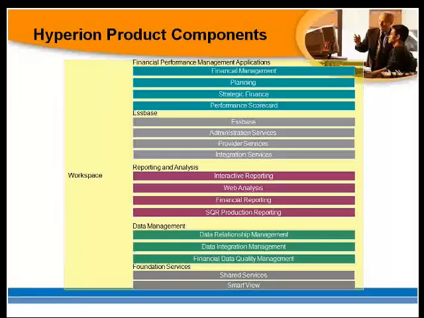DIM, data integration management, and financial data quality management. These three relate to the data loading activity, because we are going to get the data from different sources. Different sources are going to generate files in different formats. So FDM, or financial data quality management, is going to take care of getting data, validating data, and converting it into the compatible format of the target system.